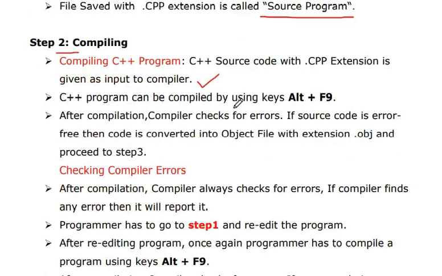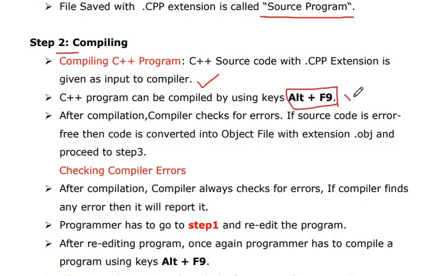The C++ program can be compiled by using the Alt and F9 keys simultaneously. After the compilation, the compiler checks for errors. If the source code is error-free, then the code is converted into the object file with the extension .obj and we proceed to step 3.